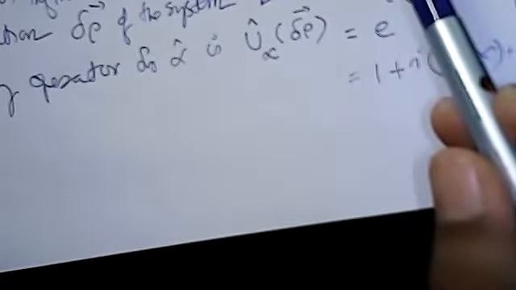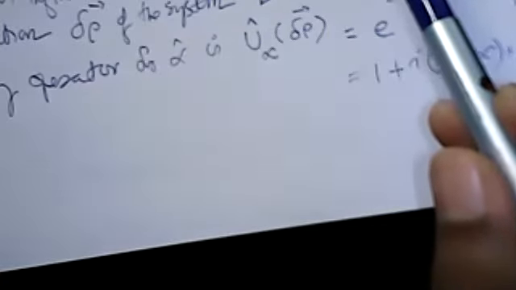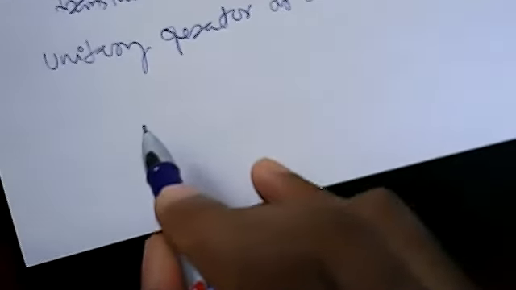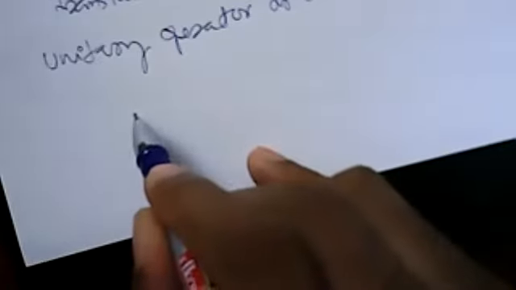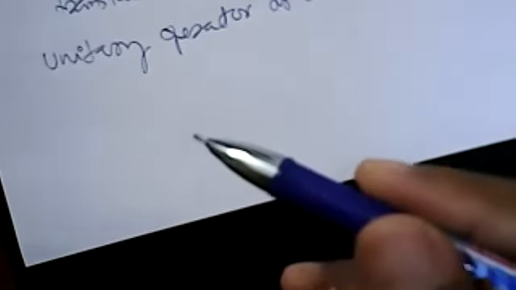Suppose psi is the wave function at the point R. We can write it as, consider the initial wave function, or final, anyhow you can take it as initial or final.